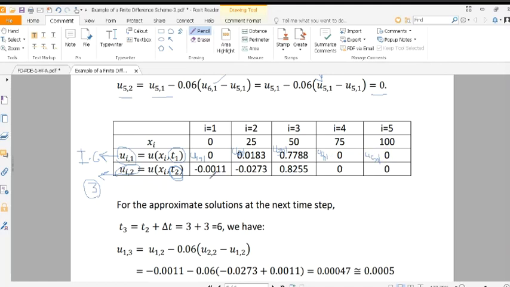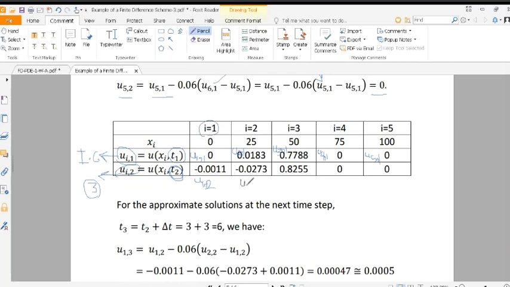The last row, the first cell is u(1,2), the value for i equals 1 at t2.